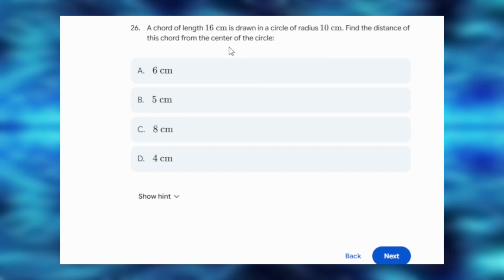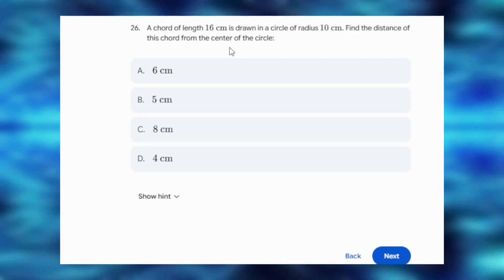A chord of length 16 centimeters is drawn in a circle of radius 10. Find the distance of this chord from the center of the circle. The perpendicular from the center bisects the chord. Here chord length is 16 centimeters, radius 10 centimeters, which bisects the chord.